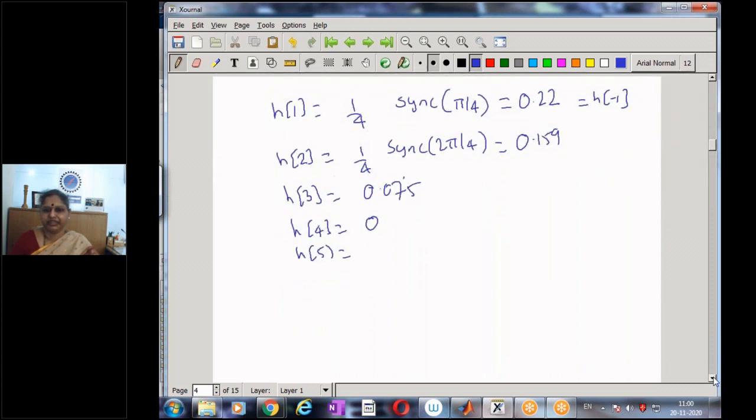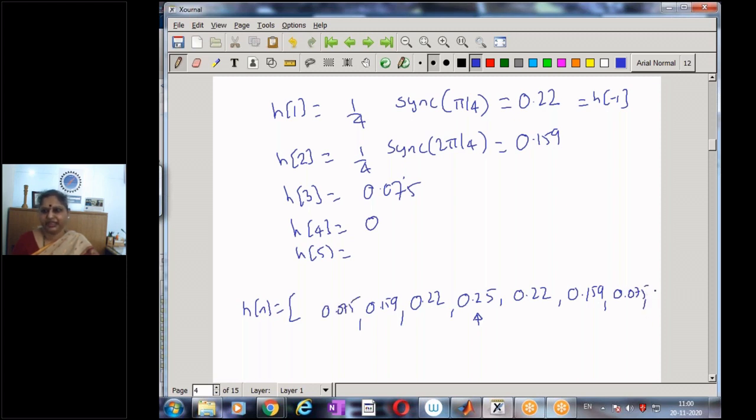So now if I write my h of n as a sequence, I have the result as 0.25 at n equal to 0, and then I have h of 1 as 0.22, and by symmetry h of 1 and h of minus 1 are the same. Then I have 0.159 and 0.159, and then h of 3 as 0.075 and 0.075, and then there is a 0, and I can continue further; the series doesn't end.